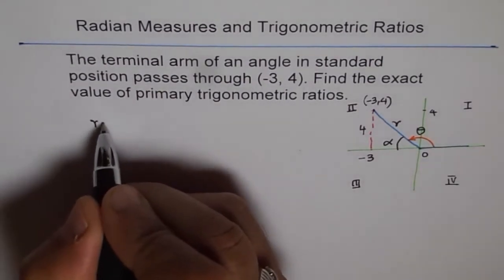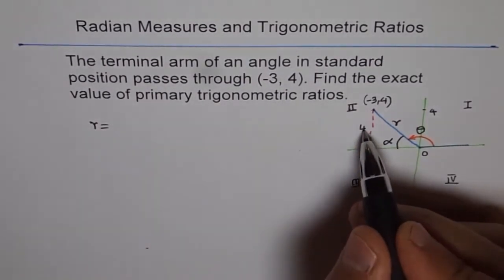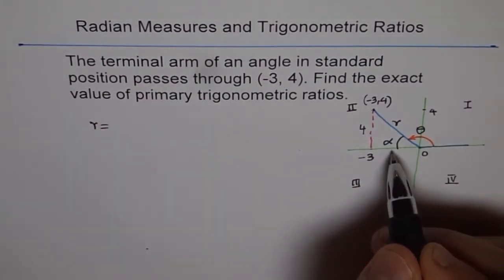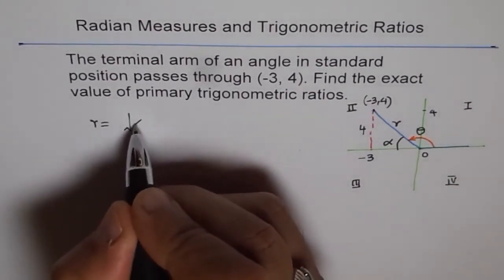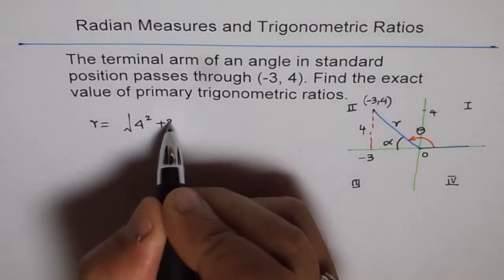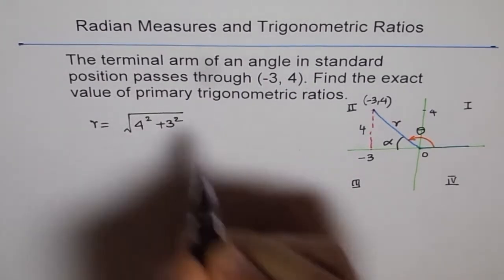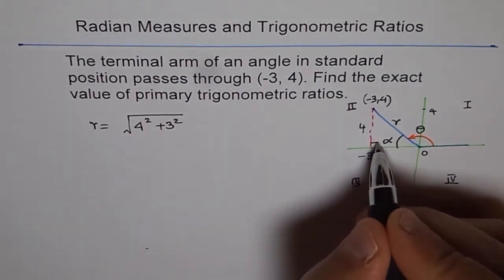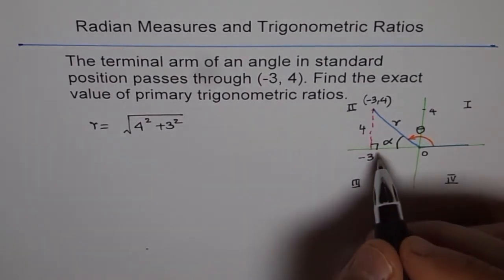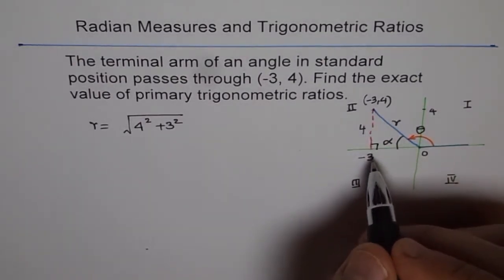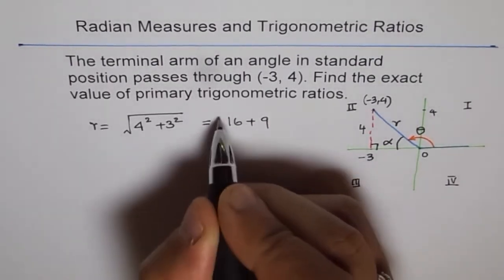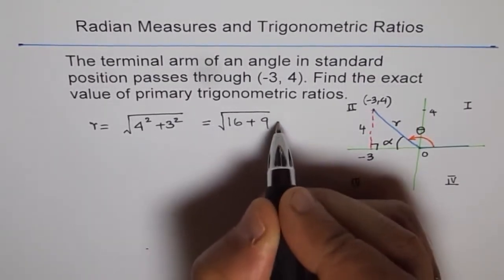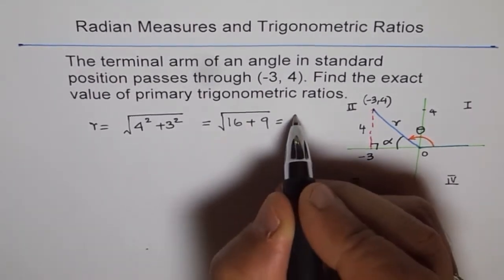So here r is equal to the square root of 4 squared plus 3 squared, correct? r is always positive. Since this is a right triangle, as we dropped a perpendicular from here, that gives us the square root of 16 plus 9, which is the square root of 25, which is 5.